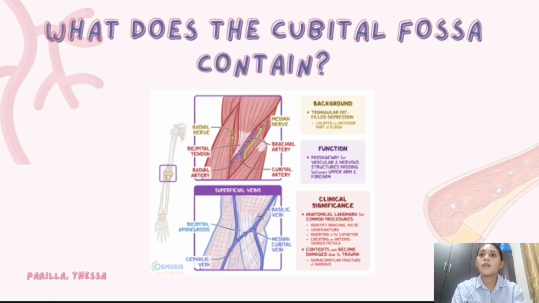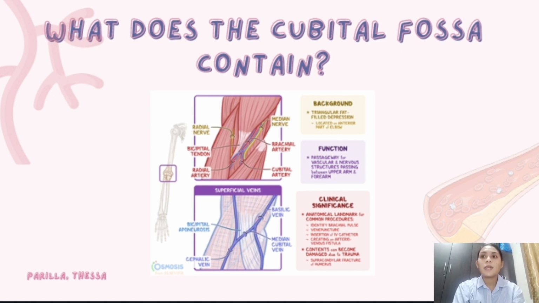So we also have these superficial veins of the cubital fossa. It's a really important landmark in performing venipuncture. It overlies the brachial artery and the median nerve. These superficial veins lie superior to the roof of the fossa and are separated from it by the bicipital aponeurosis. Yung bicipital aponeurosis, sila yung naga-separate ng mga veins.